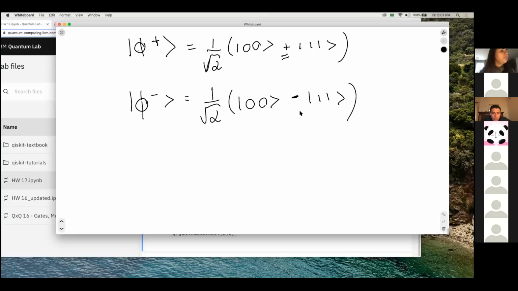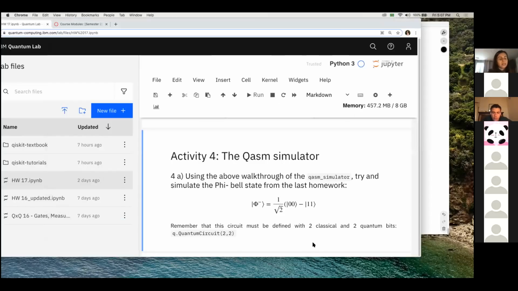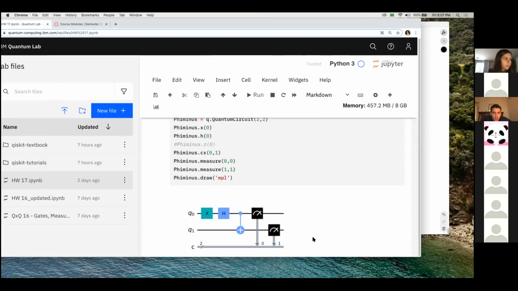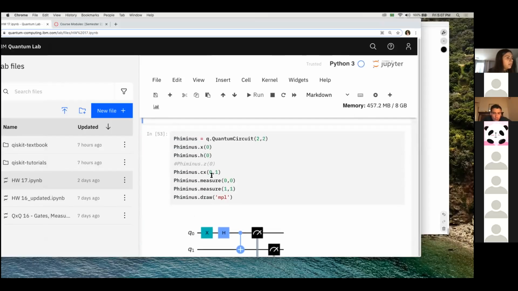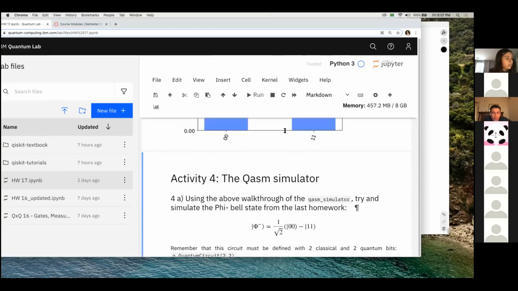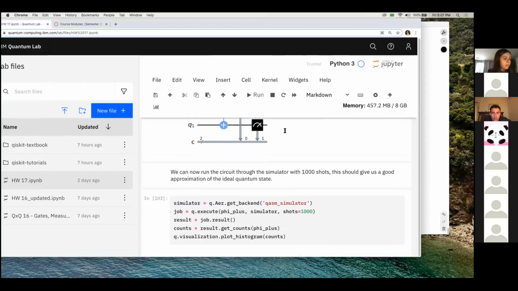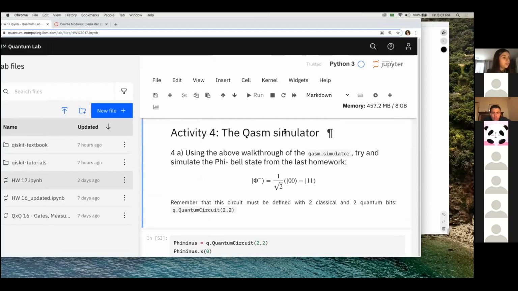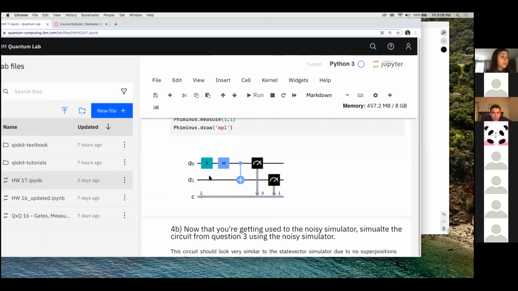It has a minus sign here. So to introduce this minus sign, we need to do something, and there are two ways to do it. One way is applying the Hadamard gate to a state that's the vector 1, and doing the same as we did for the phi plus state, but instead of starting with 0, we're going to start with 1.